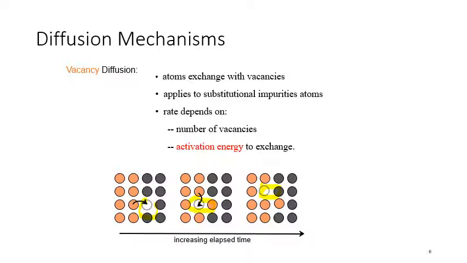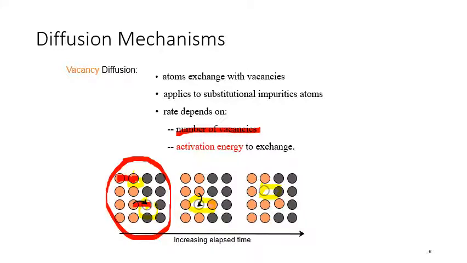Now the vacancy is moving, facilitating the atomic replacement or diffusion from one place to the other. So atoms exchange with the vacancy; this applies to substitutional impurities, and the rate depends on the number of vacancies. If there is more than one vacancy, for example here and here, then this atom tries to occupy here and this atom tries to occupy here, so the rate of diffusion will be more, and it depends on the number of vacancies. And as I mentioned, if there is a vacancy, an atom will not move just like that.